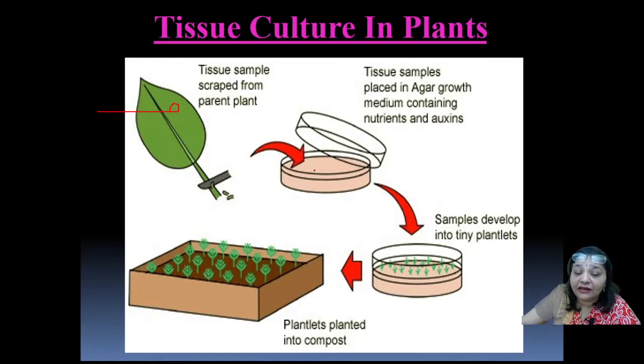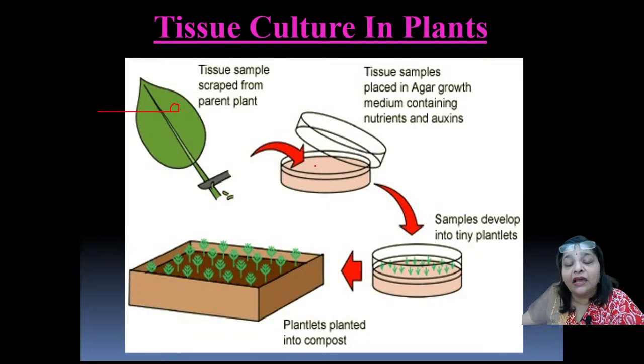Now this agar medium contains all the nutrients for growth of the cells. So cells start growing and they form lumps of irregularly growing cells. Now these cells are called calluses or callus.